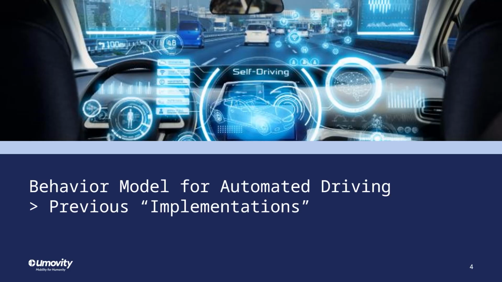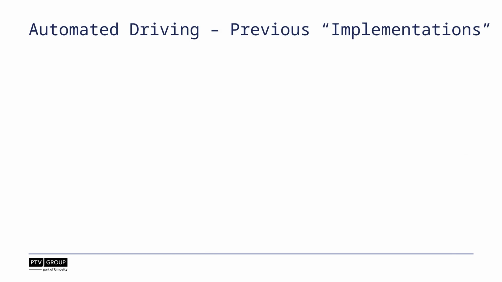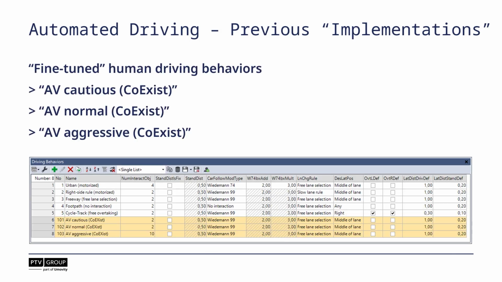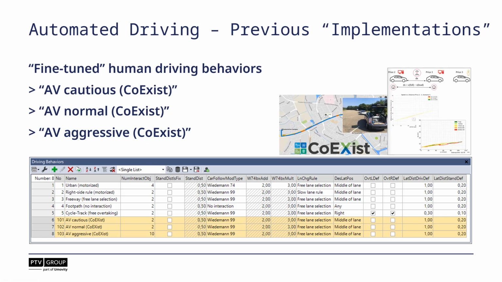So let's start with the previous implementations. You might be well aware that there are already 3 different driving behaviors in Vissim which are labeled AV cautious, AV normal, and AV aggressive. As the names indicate, these originate from the Coexist research project. As you can also see, these driving behaviors use the normal car following model, specifically Wiedemann 99.